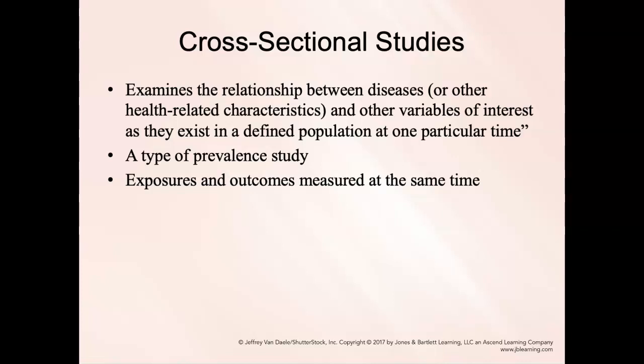We are assessing the exposure of interest and the outcome at the same point in time. For example, if I am looking at lung cancer and smoking, I would assess the presence of lung cancer and smoking status, whether someone smokes or not, at one point in time.